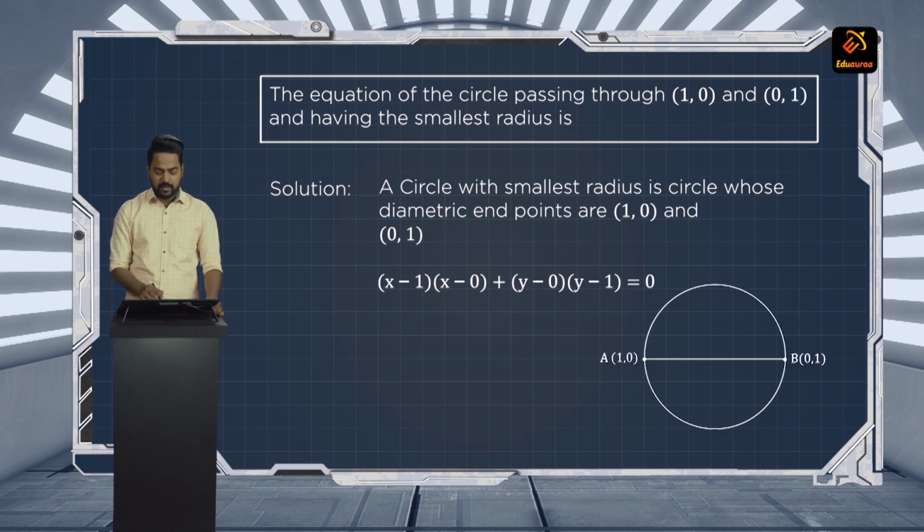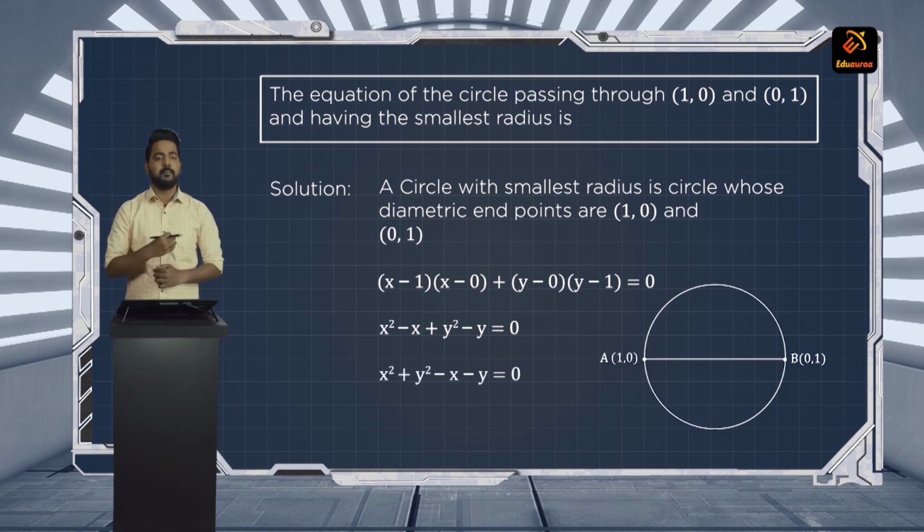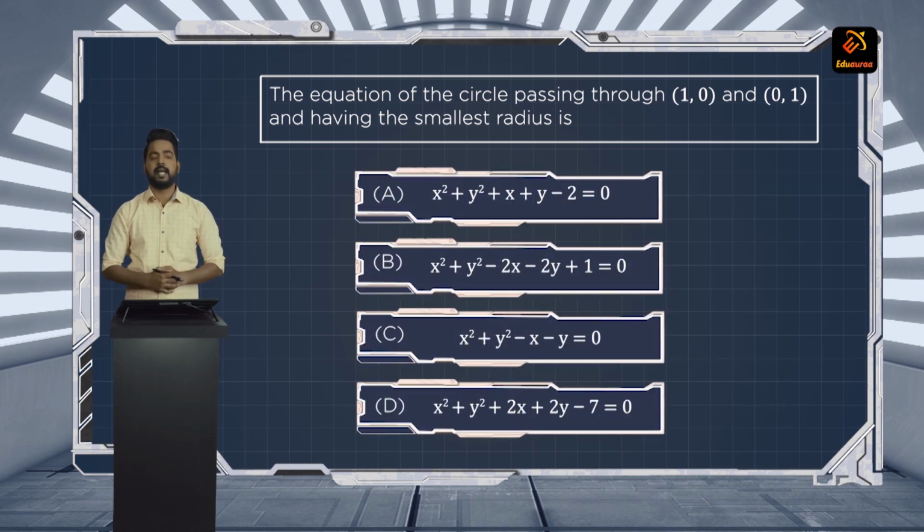On opening this, it will be x square minus x plus y square minus y equal to 0. On further solving, it will be x square plus y square minus x minus y equal to 0. So the option which is correct is option C. Understood? Moving further to the next question.